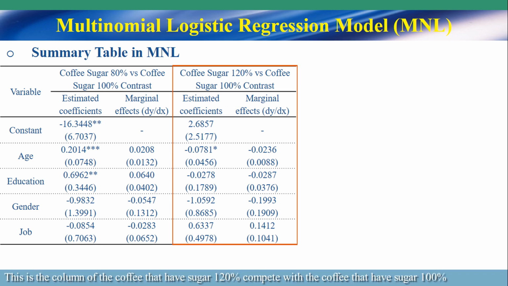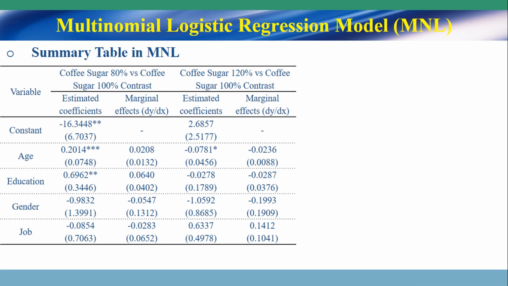This is the column of the coffee that has sugar 120% compared with the coffee that has sugar 100%. This is the column of estimate coefficient and this is the column of marginal effect.